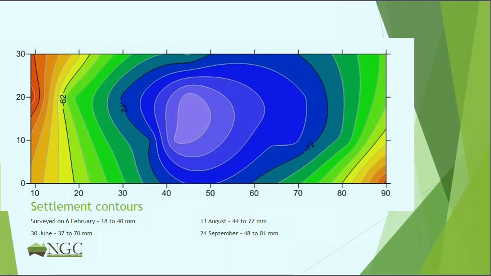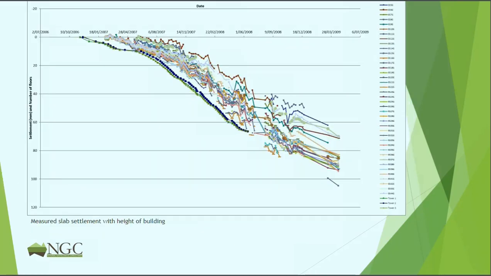And if you look at these numbers here, one thing that, if you're good at mental arithmetic, which I'm sure you all are, the differential settlement there is 33, there is 33, and there is 33. So the amount of dishing of the raft actually remained the same as the whole raft was going down as the building went up.